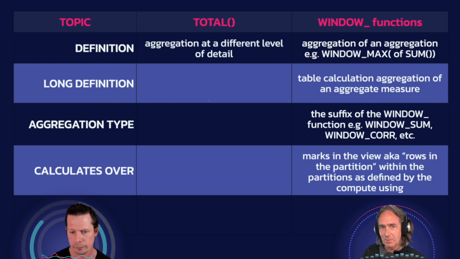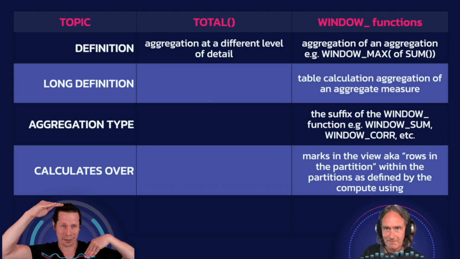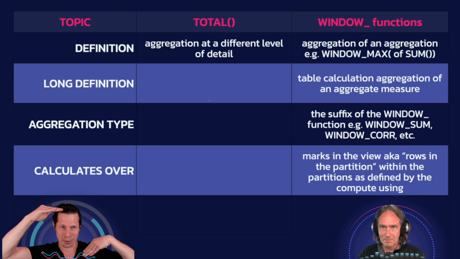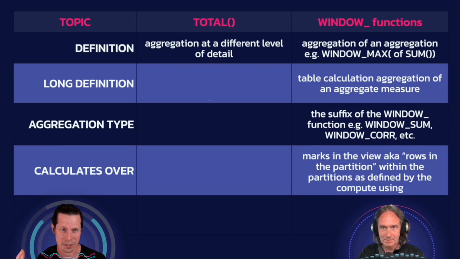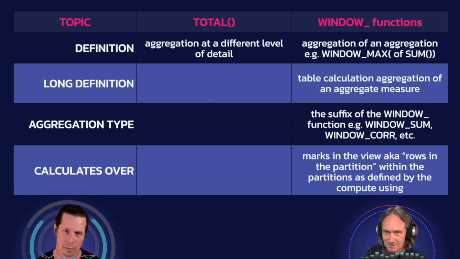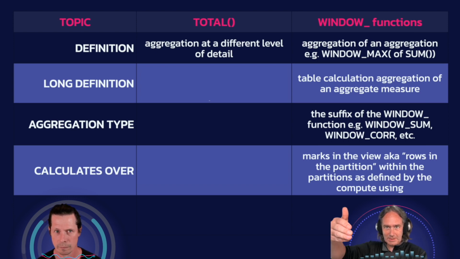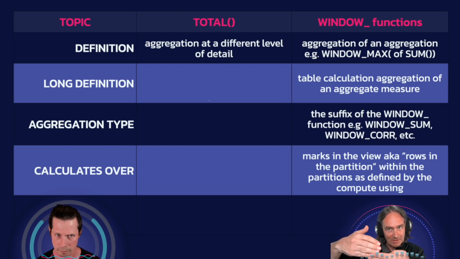Okay. So another way to think of total is we're aggregating at a different level of detail. Right, because the window is broken up by color. Right, so the window is partitioned with the color as the dimension in the view. Partition has a particular meaning in Tableau, so it's more that the window is this: we've already aggregated data in the view, and now the window is operating over that aggregation we've done in the view.